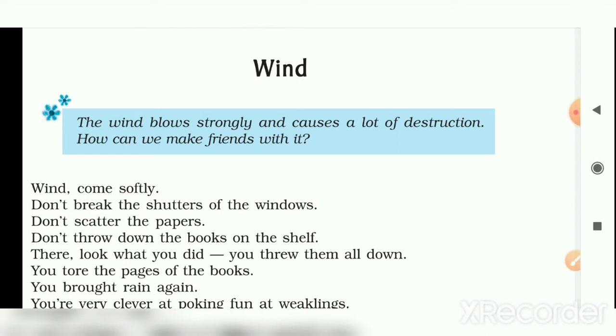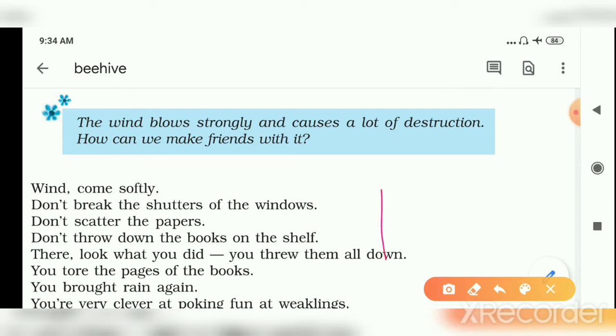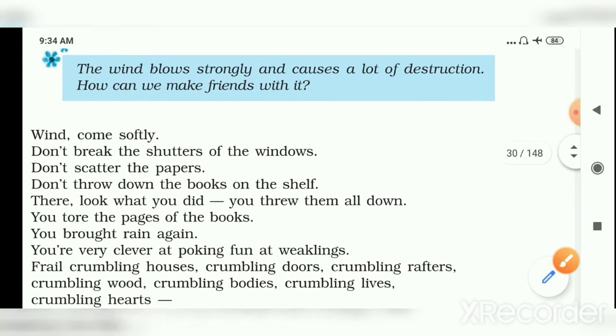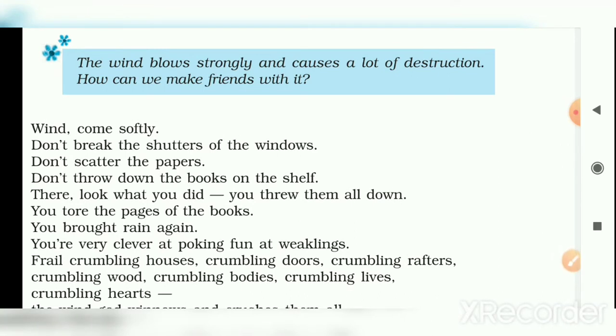This entire poem, Wind, is only and only personification. What is here in this poem? That we will come to know when we recite the poetry word to word.